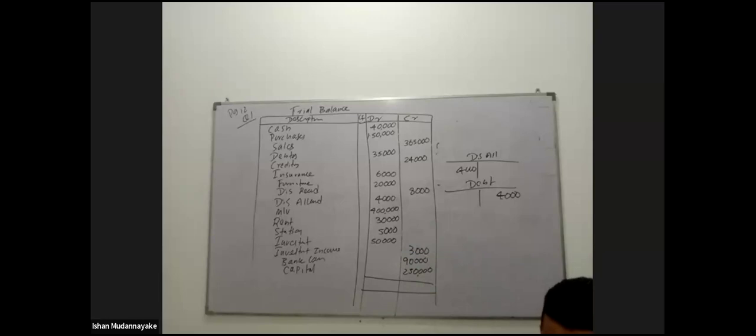How much is the balance figure? Both sides should be equal. $740,000.